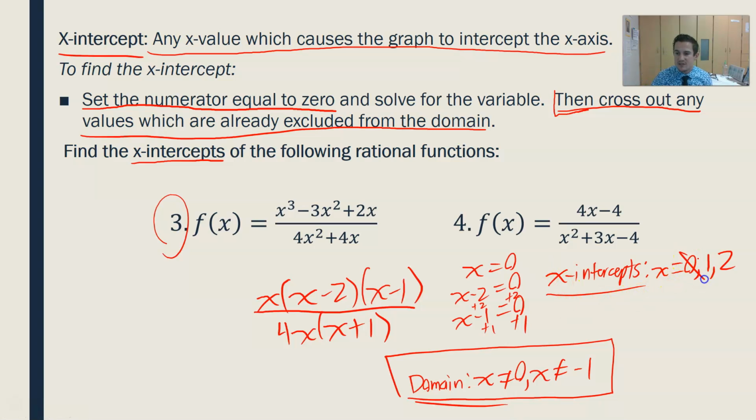So x equals 0 here, since it was also a number not in the domain, is not going to work as an x-intercept, so my only x-intercepts are 1 and 2. So for x-intercepts, I set the numerator equal to 0, and then cross out any values excluded from the domain. That's how I find the x-intercept of a rational function given the equation.